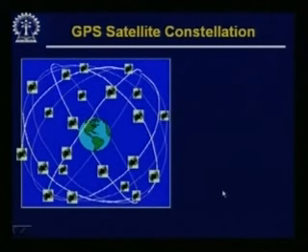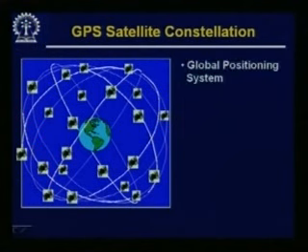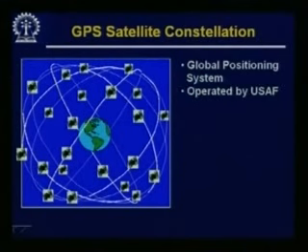One important application, as I mentioned, was the GPS satellite constellation. This is a global positioning system, operated by the US Air Force. Another GPS system is on the drawing board, so it will be deployed by some other consortium.